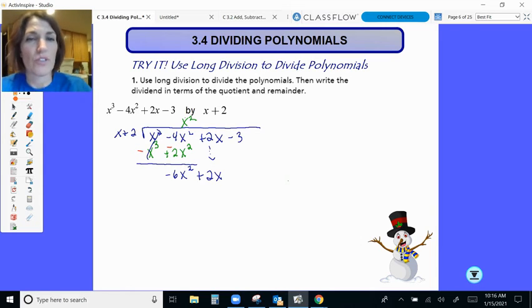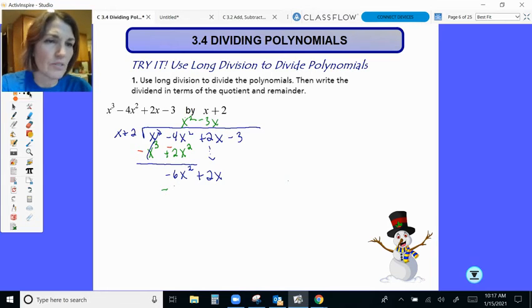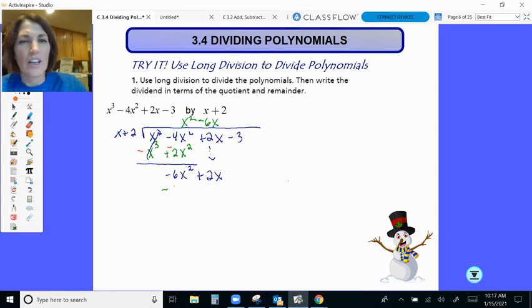It's going to be negative 6x. Oh, look at that. Almost lost it there. So negative 6 times x is negative 6x squared. And negative 6 times 2 is a negative 12x.